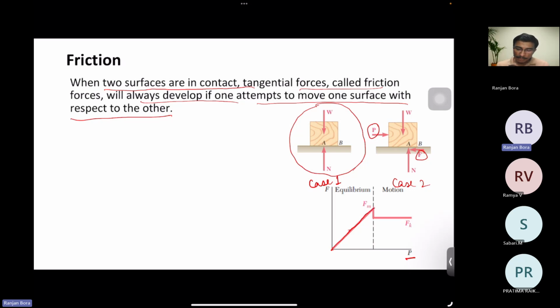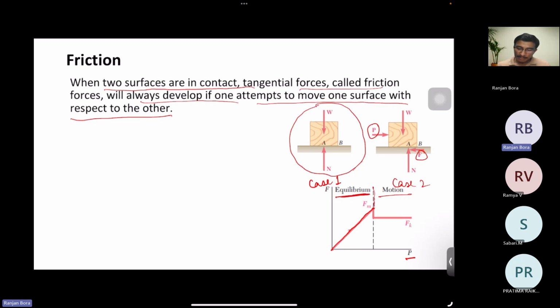And there will be one point at which the frictional force will be maximum. After that, when this force P overcomes the friction from the ground, it will start moving the body. Then the body will be in motion. Up to this point Fm, this body is in equilibrium.